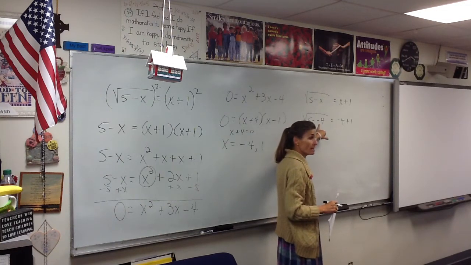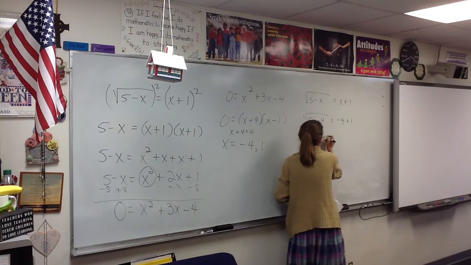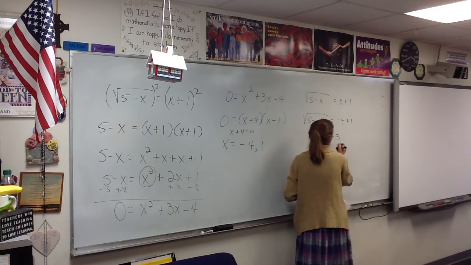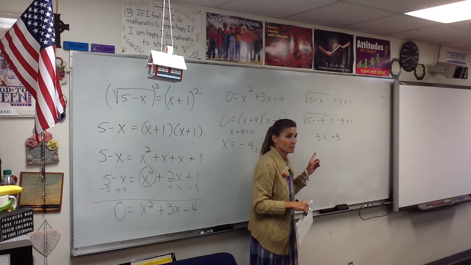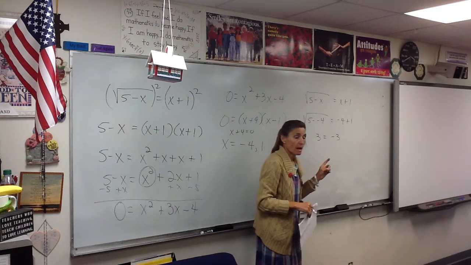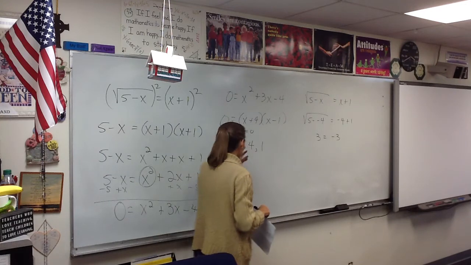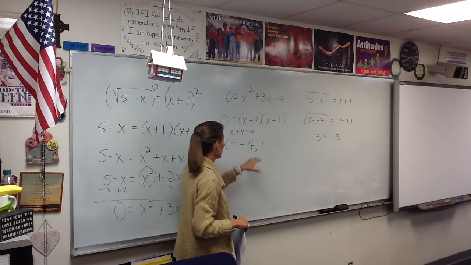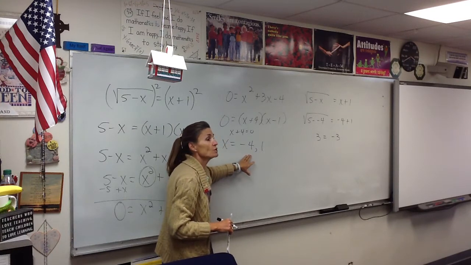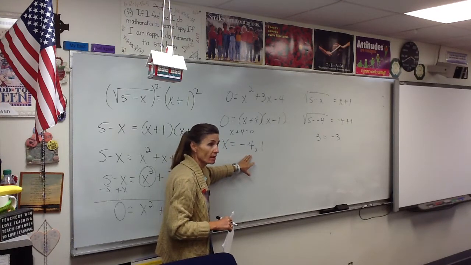What's the square root of 9? Uh-oh, wait a minute. Did that one work? No. I didn't make any mistakes. We worked everything perfectly, but negative 4 just doesn't check.